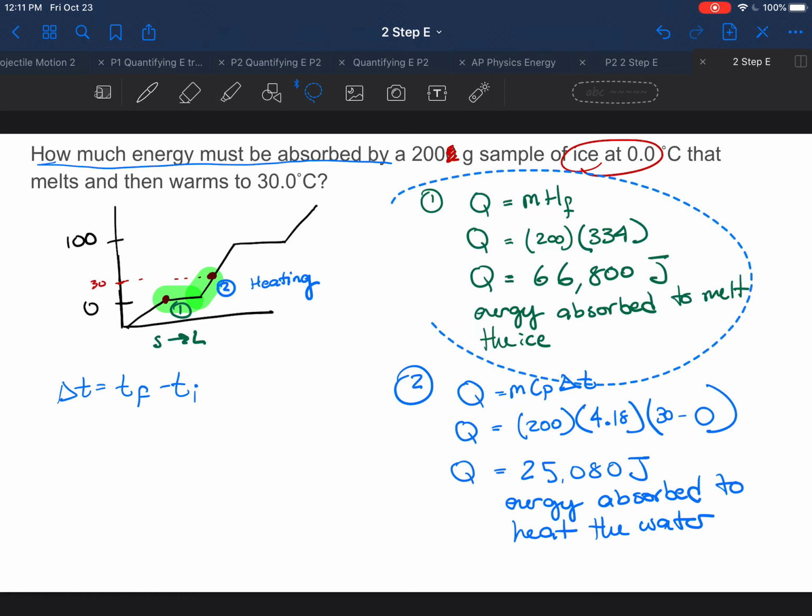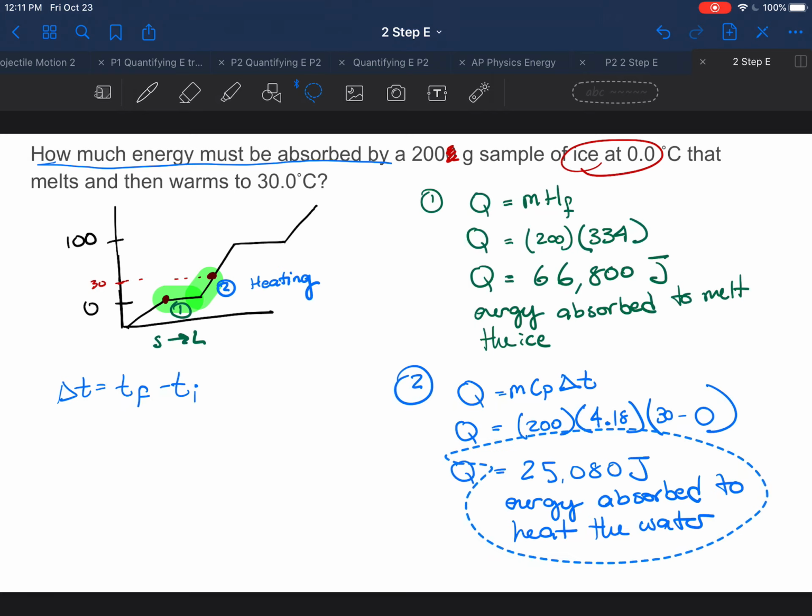Because I'm having an event occur on two regions, I need to use two equations. This first equation tells me how much energy it took to melt the ice. This equation told me how much energy it took to heat it over this interval.